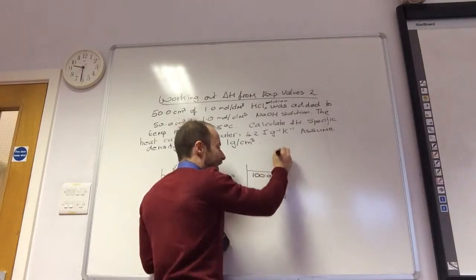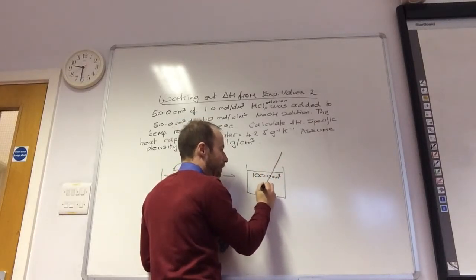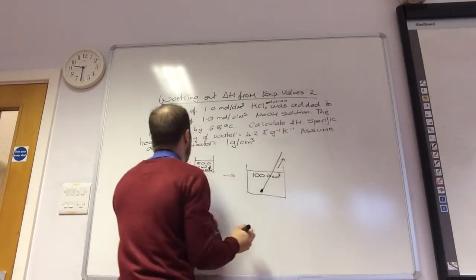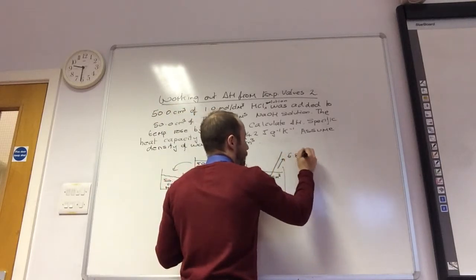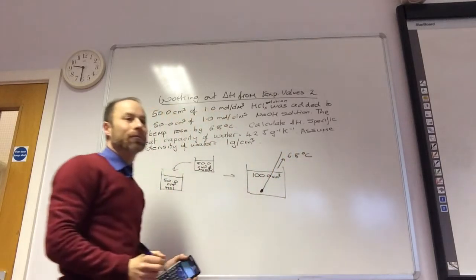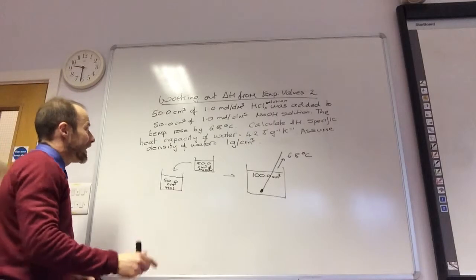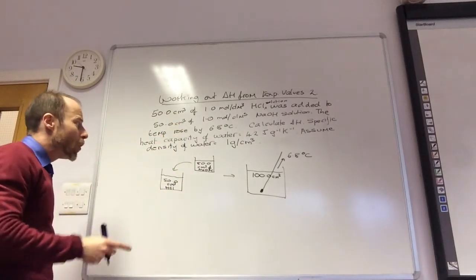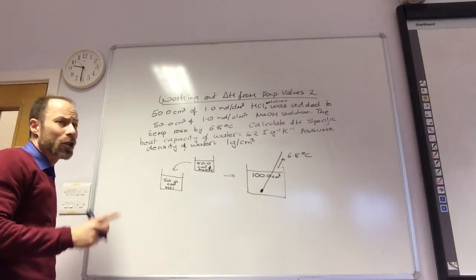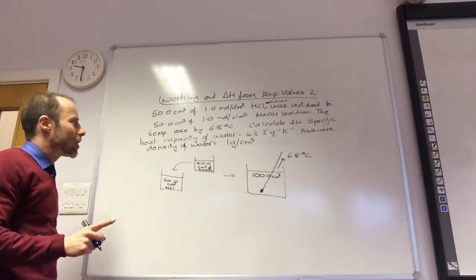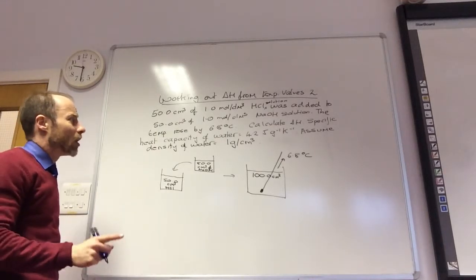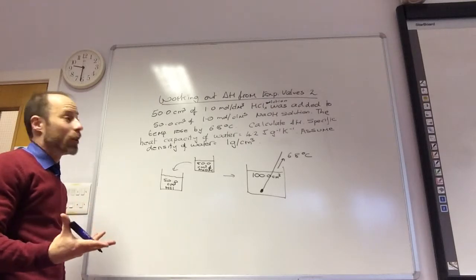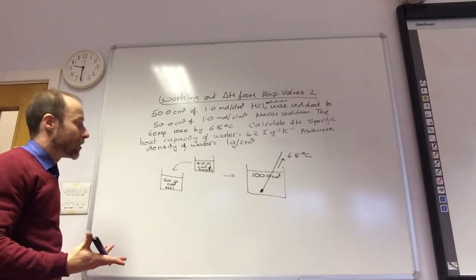And into that I had my thermometer, and my temperature went up by 6.8 degrees C. So the key thing to remember is you've got to add that volume to that volume. For water, you can assume that 1 centimetre cubed of water has a mass of 1 gram. So you just use volume in the next equation.